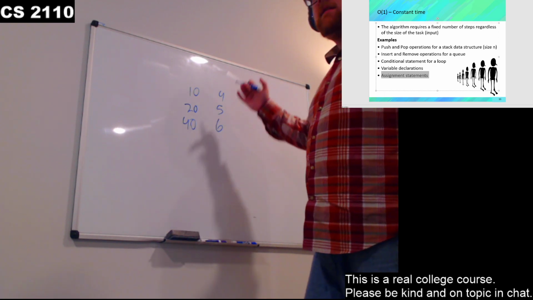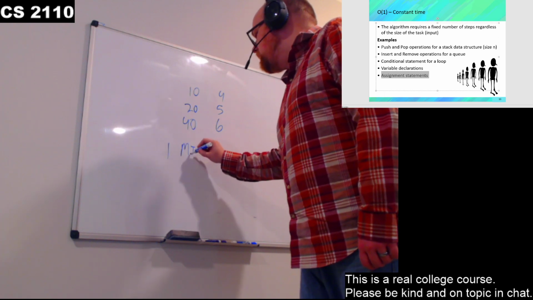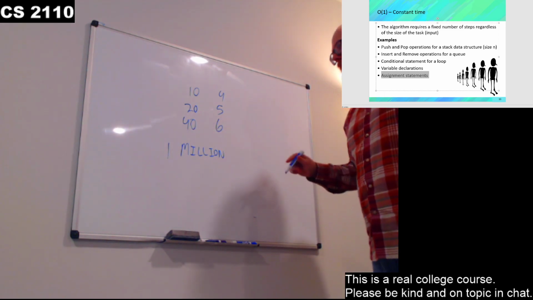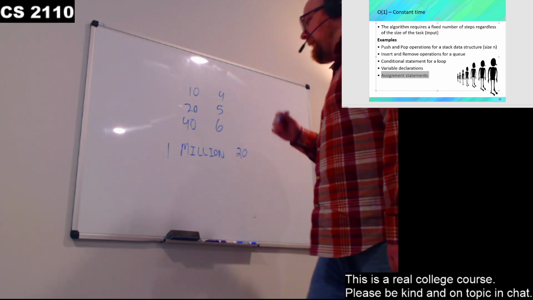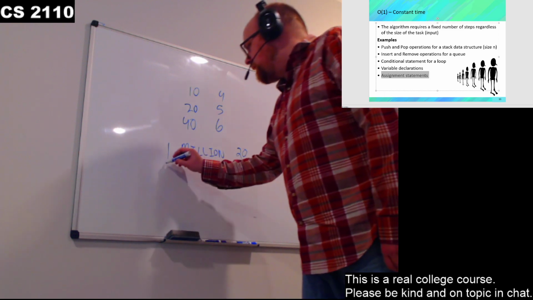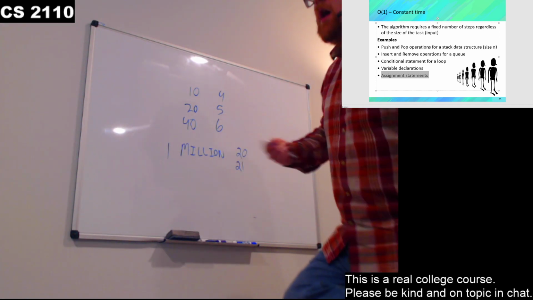This pattern continues. So if I gave you a number 1 to 1 million, you would only need 20 guesses. And if I double this number to 2 million, you would only need 21. That is to say, doubling the size of this still only adds 1 guess.